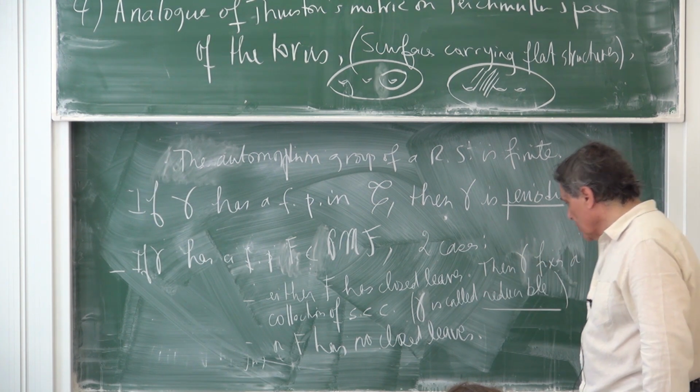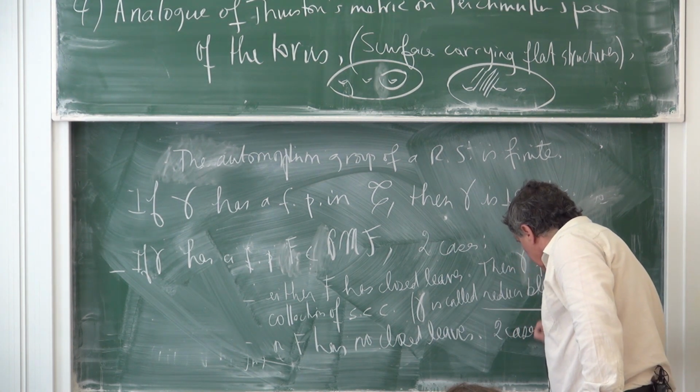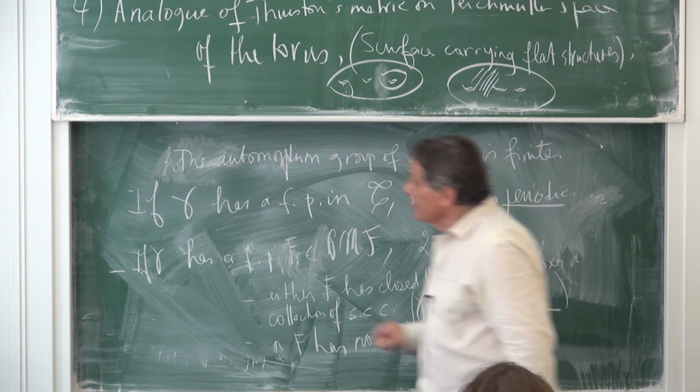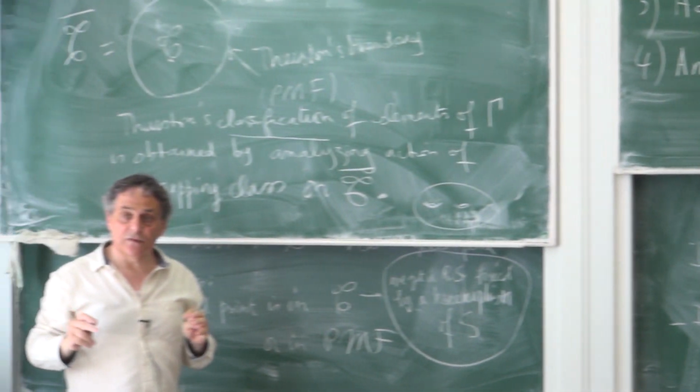And here there are also two cases, in fact. Let me just recall that this is an action. We are considering an action on PMF, the projective measured foliations, not the measured foliations.